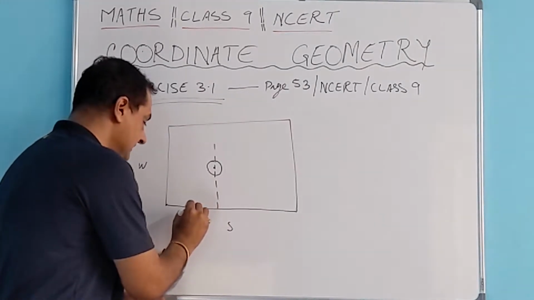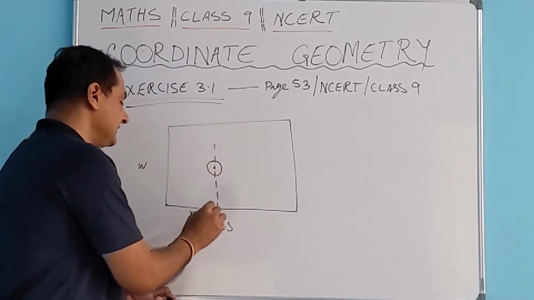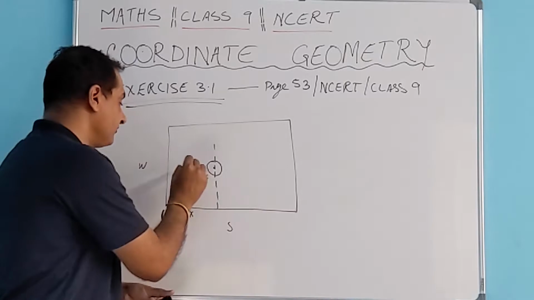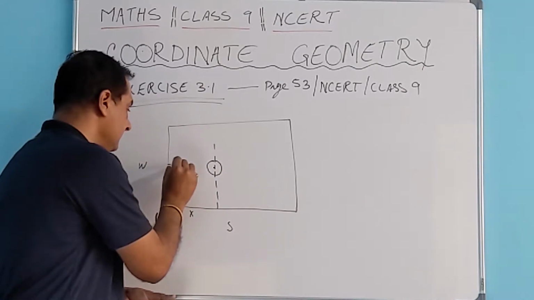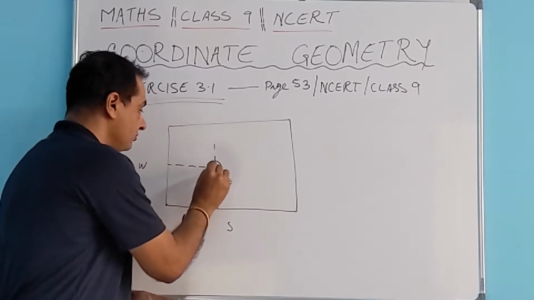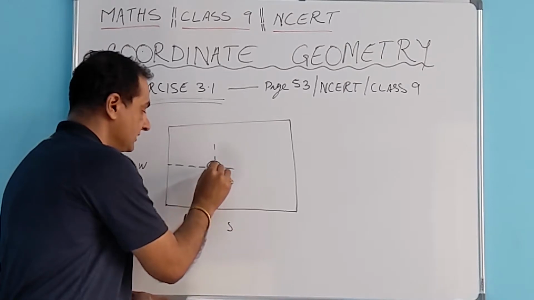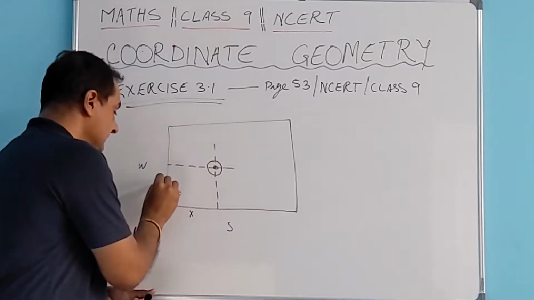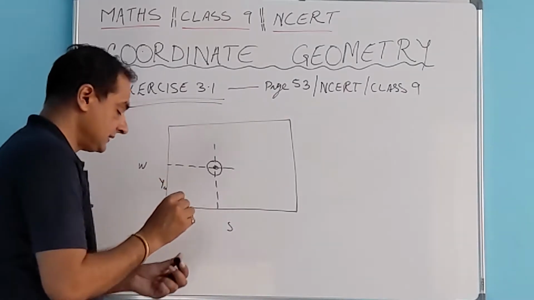Let's say this is x centimeter, and in the same way you are going to draw a line which is parallel to the south edge of the table, and that should be passing through the center of the table lamp, and let's consider this will be y centimeter.